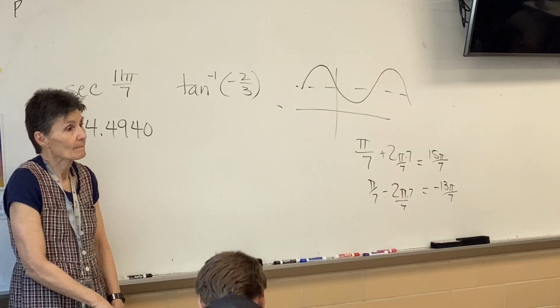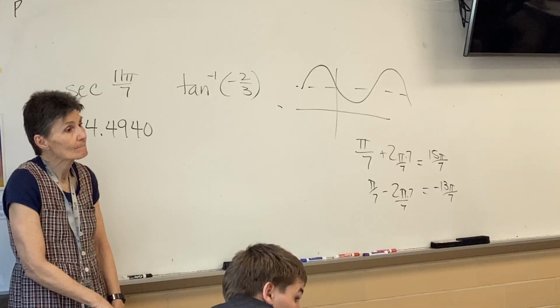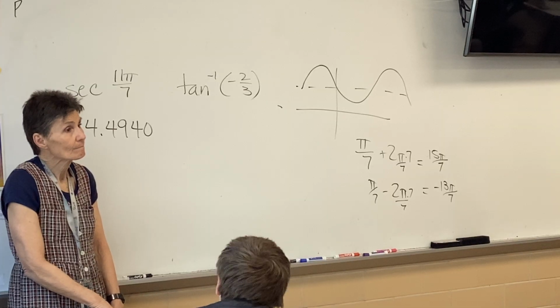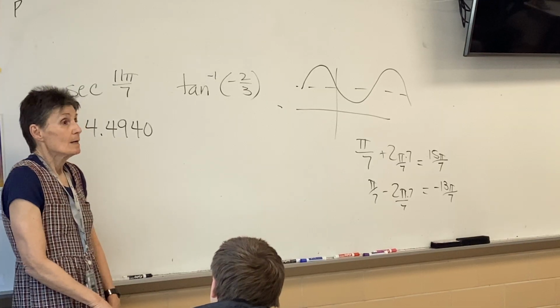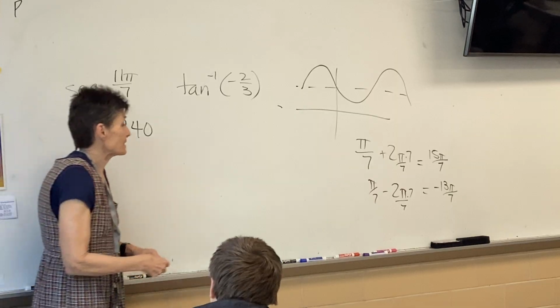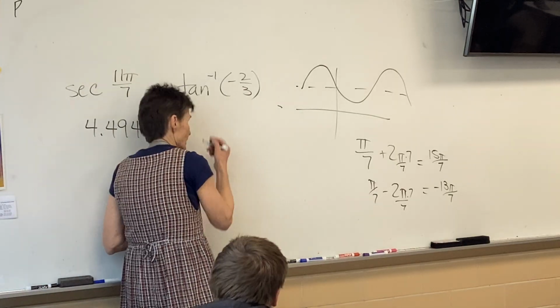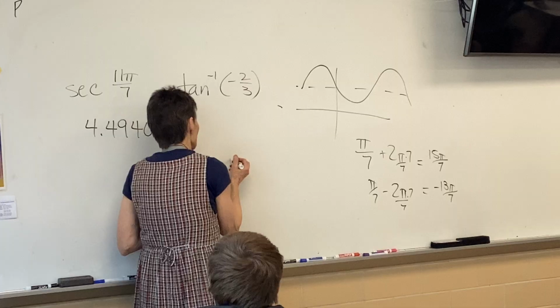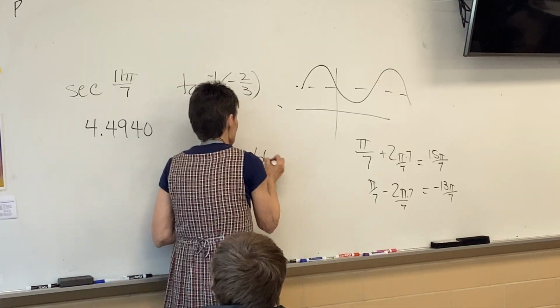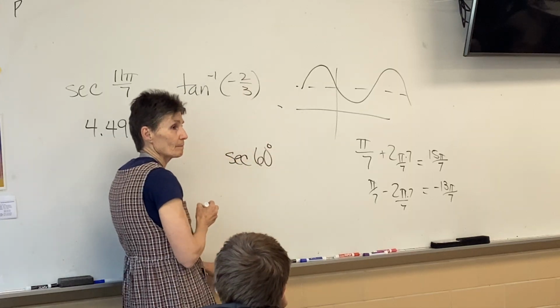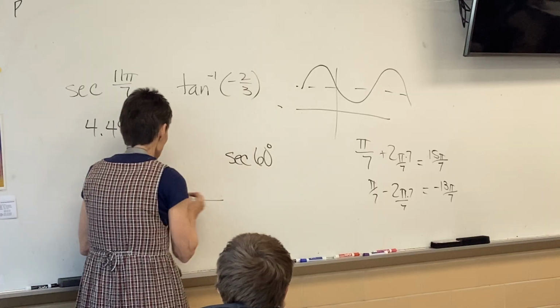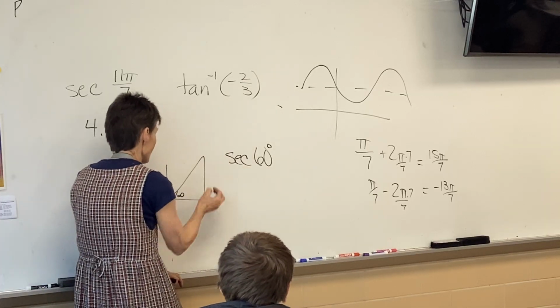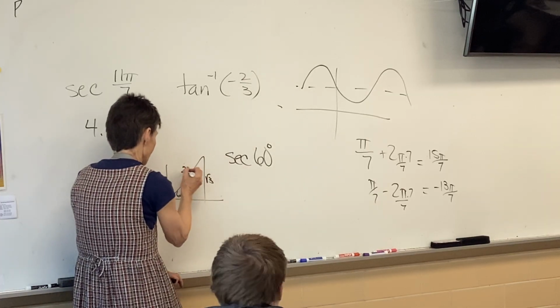I don't understand why you couldn't do in your calculator cosine of 7 divided by 11 pi. Wouldn't that be? No, that's like saying, let's have it not be a fraction, let's say we want to find the secant of 60 degrees. So 60 degrees looks like this.